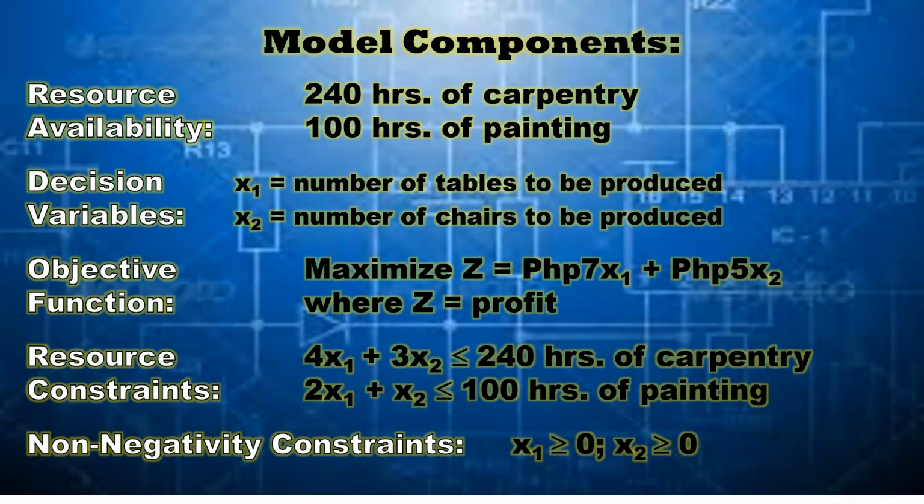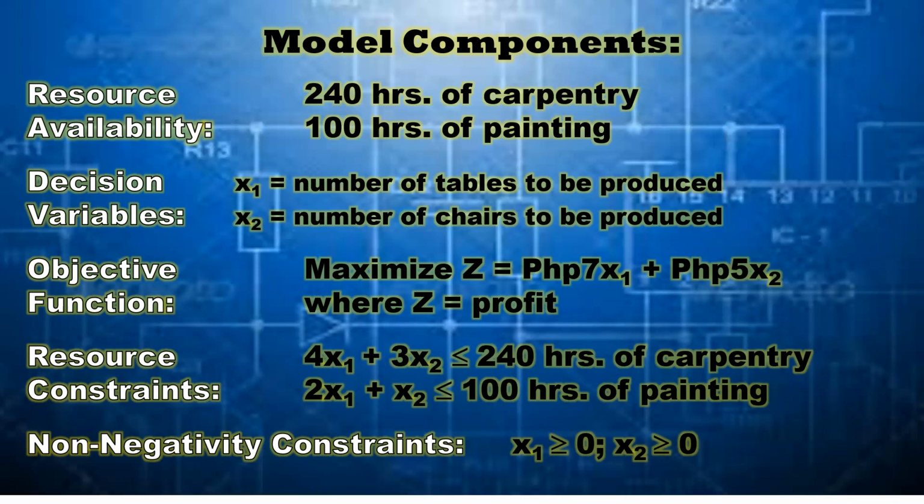Remember that 7x sub 1 means that for the number of tables, every table is sold at 7 pesos. And for the number of chairs, every chair is sold for 5 pesos. So that's why we have that objective function. For our resource constraints, we have 4x sub 1 plus 3x sub 2 is less than or equal to 240.